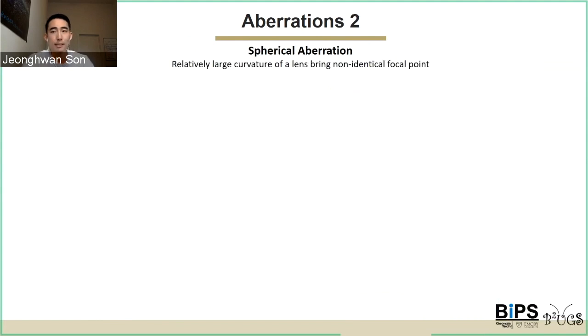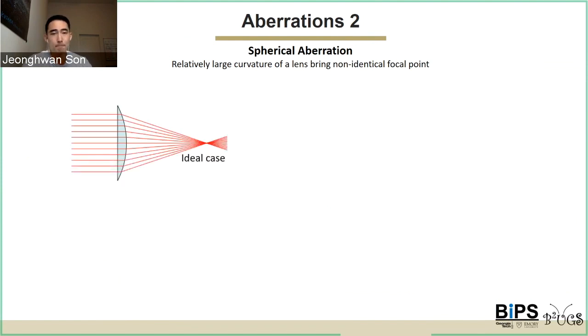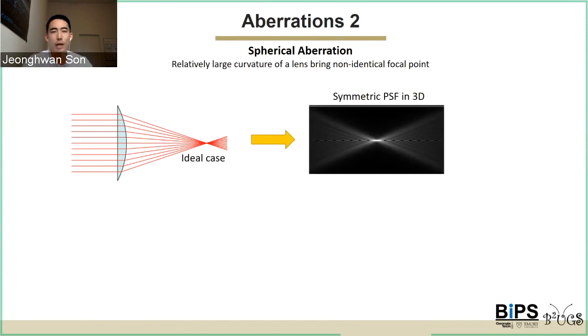Second most aberration is spherical aberration, which is from relatively large curvature of the lens bring non-identical focal plane. With ideal case without aberration, 3D point spread function is symmetric.